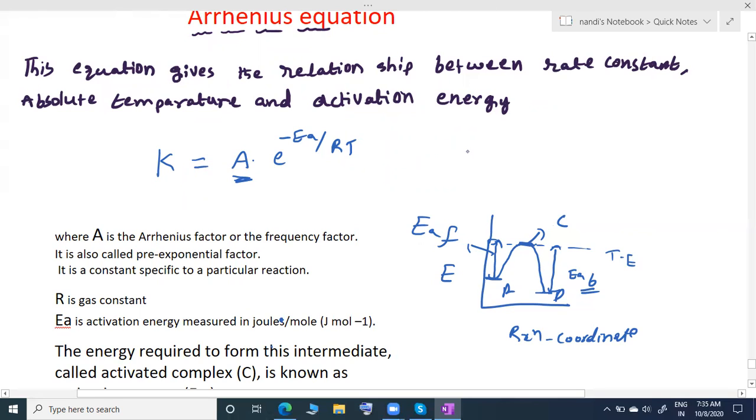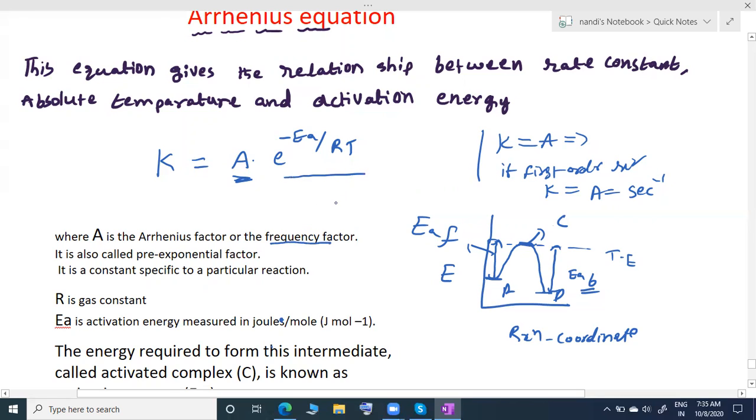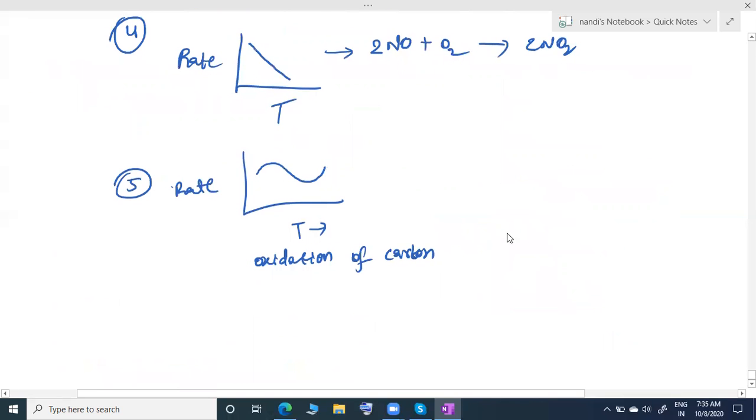In that case I can get K equal to A. When we get K equal to A for a first order reaction, then the K unit is second inverse. Second inverse is the frequency unit. That is the reason they take it as the frequency factor. When this whole part becomes 1, then they take it as the frequency factor. Clear? So we'll try some questions here.